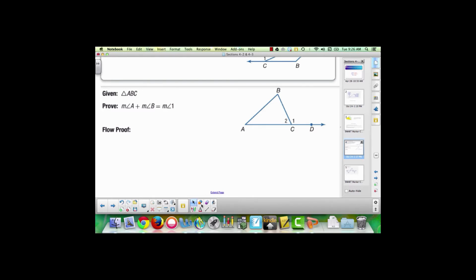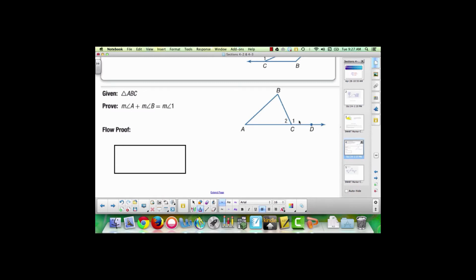So I'm going to start off by making a box and typing the given information inside. So we're trying to prove, in this picture here, we have triangle ABC and exterior angle 1.